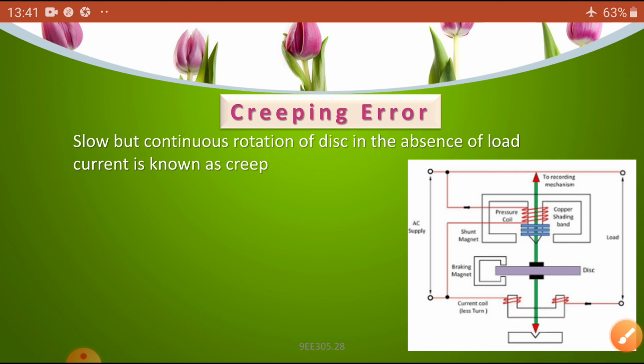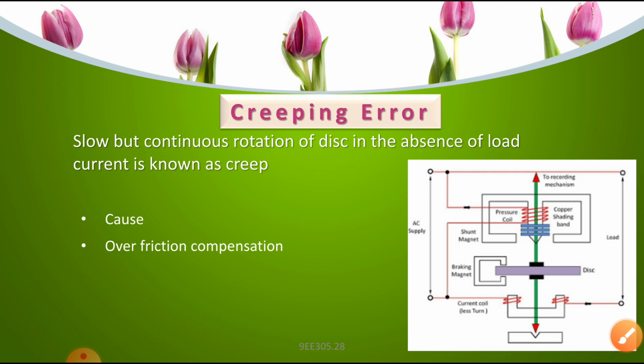So how to compensate that one? What are the causes? Over friction compensation, because in the shading ring we provided more turns, so phi 2 by phi 1 has more value, and this enhances the speed of rotation of our disc. So even without any phi 1, the disc tries to rotate very slowly.